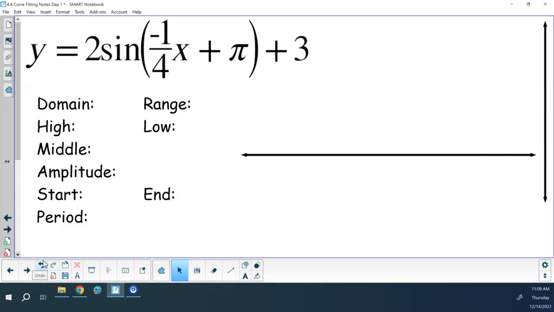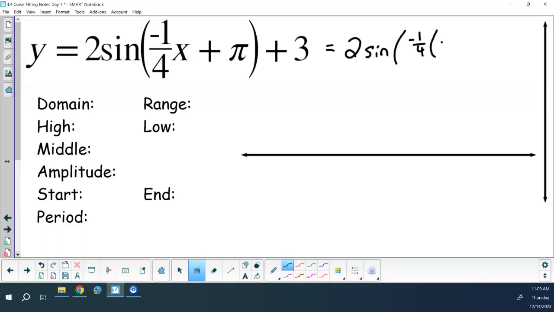So, hopefully, you started by doing this. 2 sine of negative 1/4 times x minus 4 pi, then plus 3. Right?